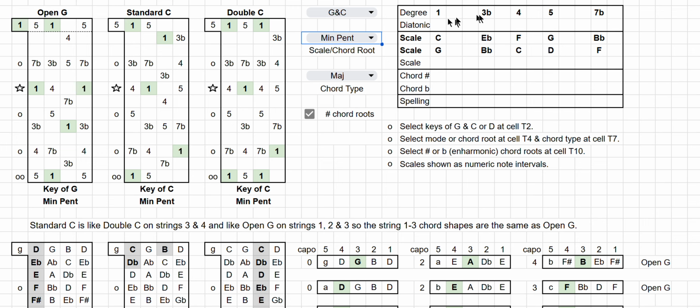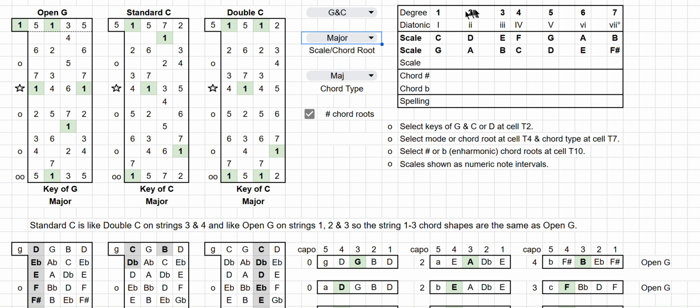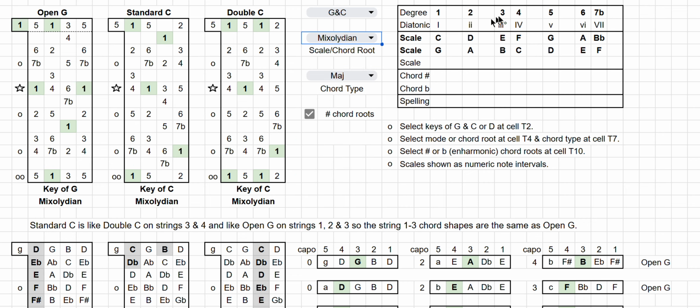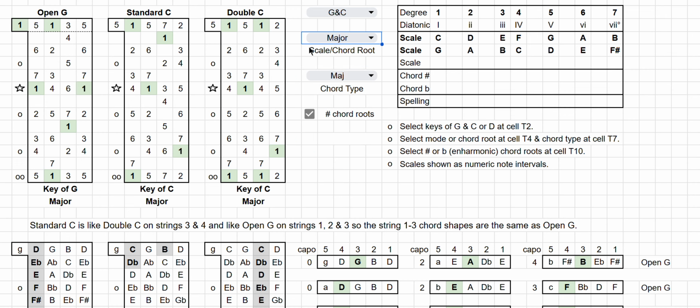You'll notice over here that as we change the tuning, it shows us these interval numbers, and here we see the diatonic chords. Uppercase Roman numerals are major, lowercase are minor, and if it has a degree symbol, it's diminished, and they shift with the tuning, or with the mode.